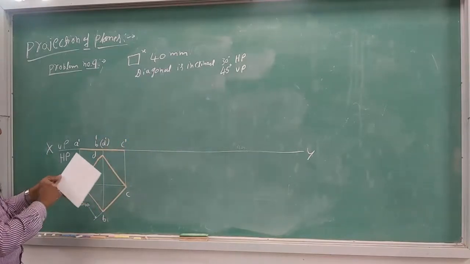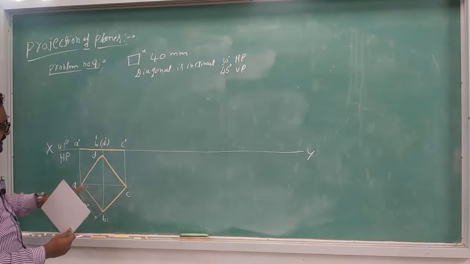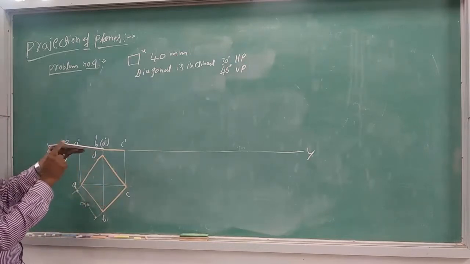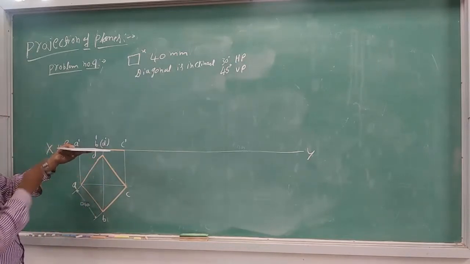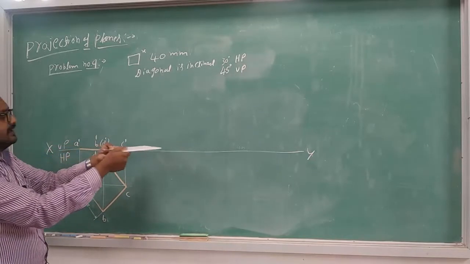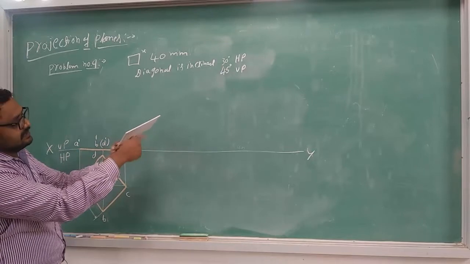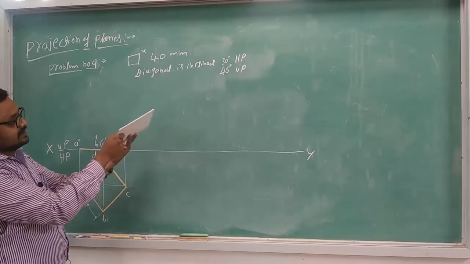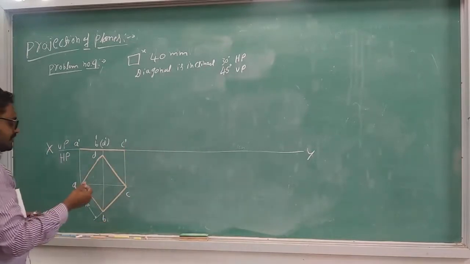Next, they gave the diagonal, the diagonal we have taken here, AC. In the front view, AC merges with the plane and is inclined to HP at 30 degrees. If you make the entire plane 30 degrees, this diagonal also becomes 30 degrees.